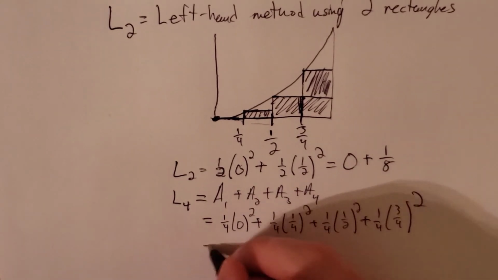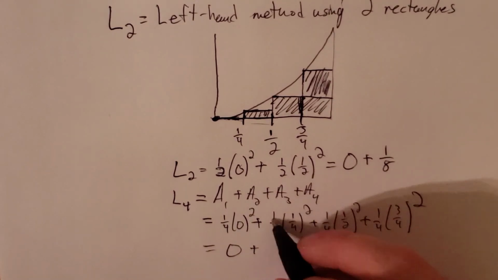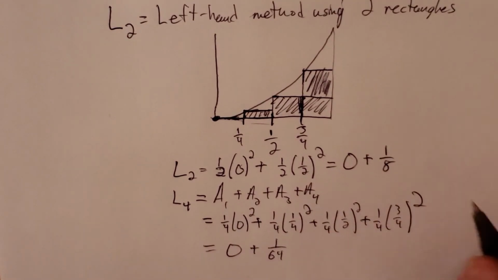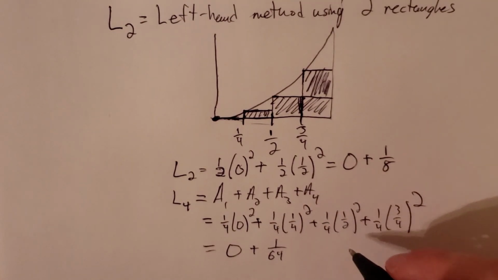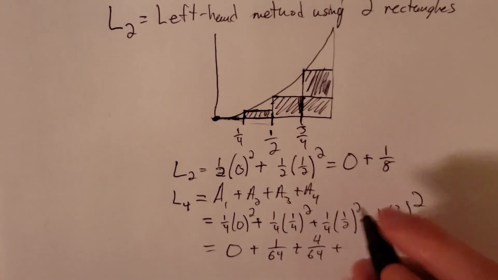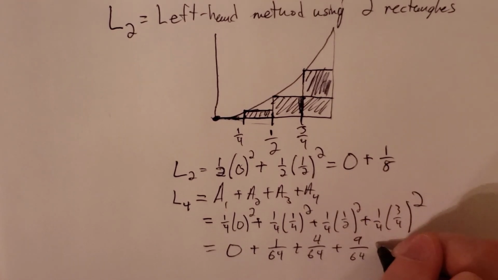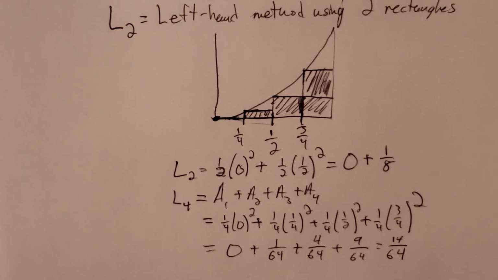We put in all of this, we get 0 plus, 1/4 squared is 1/16 times 1/4 is 1/64. 1/2 squared is 1/4 times a fourth is 1/16, or in other words, 4/64. Plus 9/16 times 1/4 is 9/64. And we end up with 14/64 as our estimate of the area under the curve using the left-hand method and 4 rectangles.